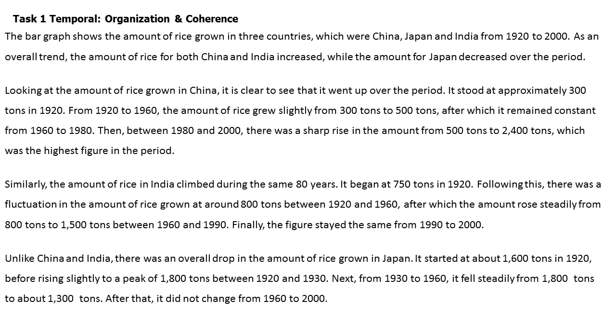Also important for organisation and coherence is not using exactly the same words each time. The subject is the amount of rice grown. We can also say it, the amount of rice, the amount, and the figure.